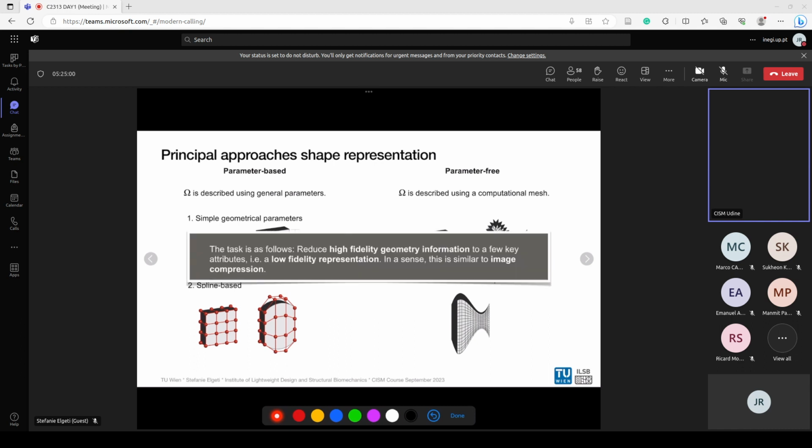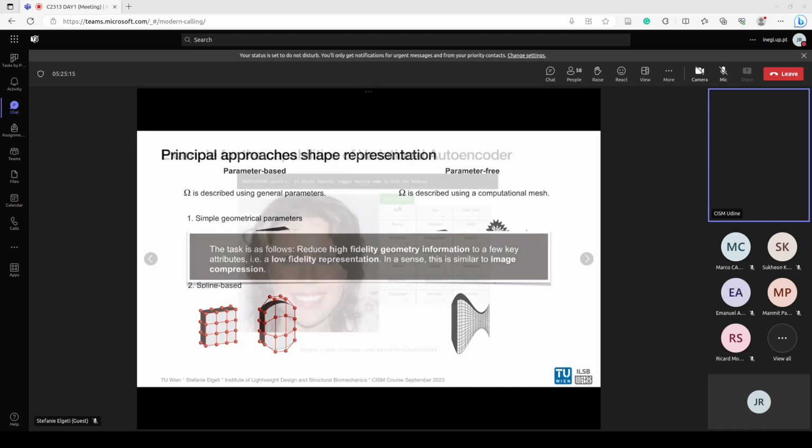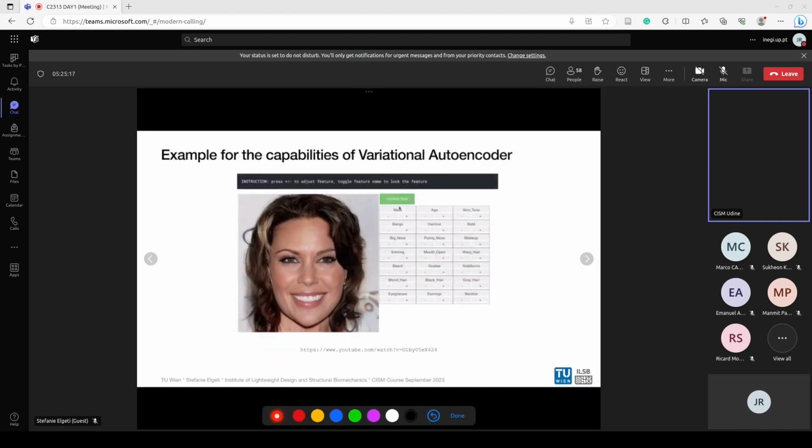So this is very similar to this image reconstruction or image compression. So we want to find the key attributes, and we want to have a low-dimensional representation that gives us these key attributes. So that brought us to variational autoencoders.